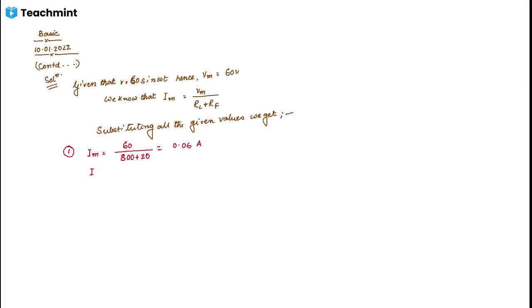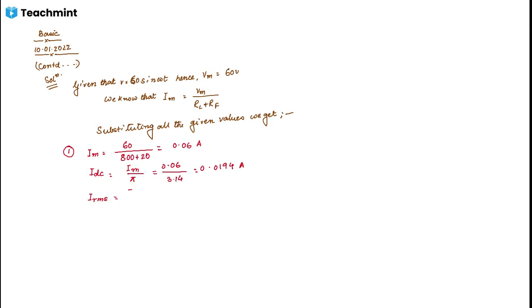IDC equals Im by pi. That is equal to 0.06 by 3.14. So that is equal to 0.0194 A. So please go through these calculation values. I have done it, but mathematically I could sometimes be wrong, so please go through it.